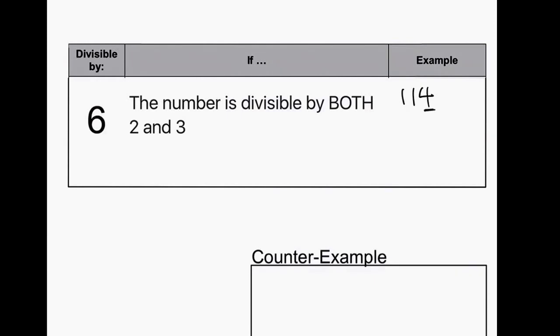In this case it's even, so it is divisible by 2. How about divisible by 3? 1 plus 1 plus 4 equals 6, so this number is also divisible by 3. Since it is divisible by both 2 and 3, this number is divisible by 6.